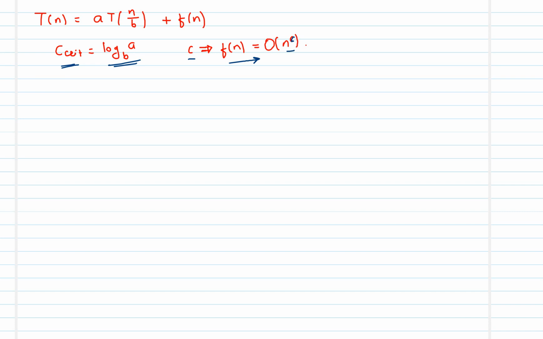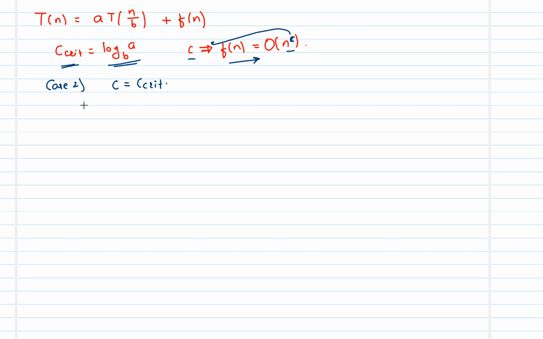So n to the power c, and that c represents the value of c. And case 2 of Master's theorem is when c equals c critical, we will have case number 2.